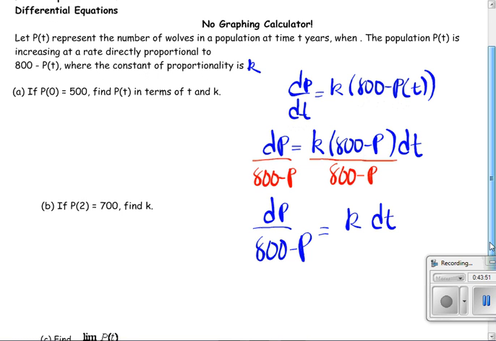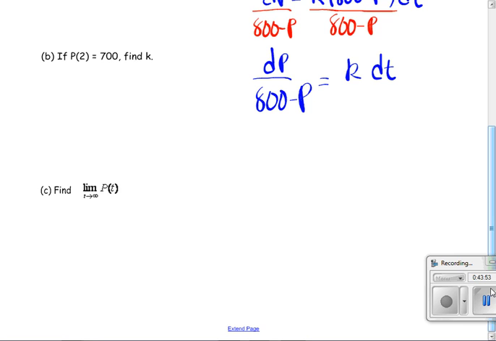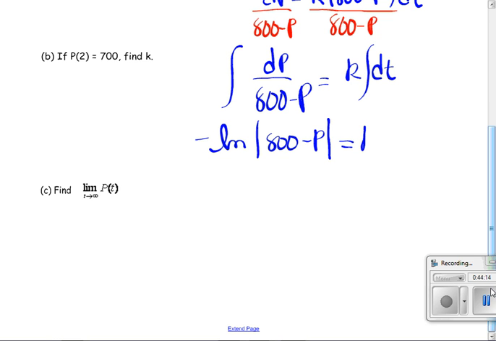We're going to integrate that. This is the negative log of the absolute value of 800 minus P. If you don't believe that, take the derivative. You're going to have a negative sign because of that negative sign right there. Equals KT plus C.